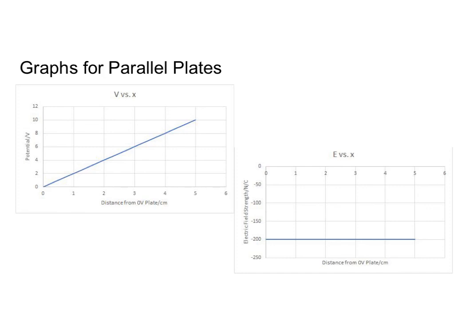I can go from my voltage versus distance graph to my field versus distance graph using my negative slope. And I can go from my electric field versus distance graph to my voltage versus distance graph using the negative of my area. So there you have it, folks. You know your way around graphing parallel plates.